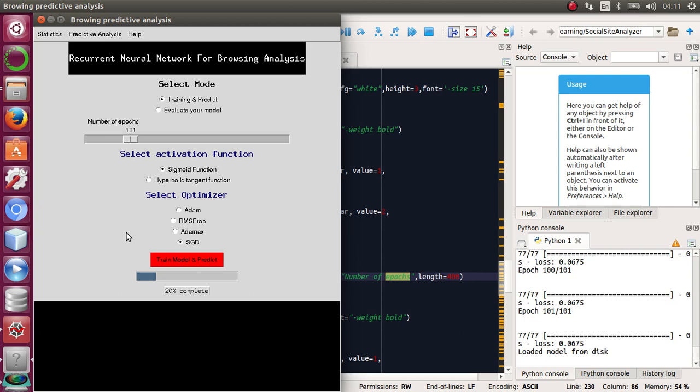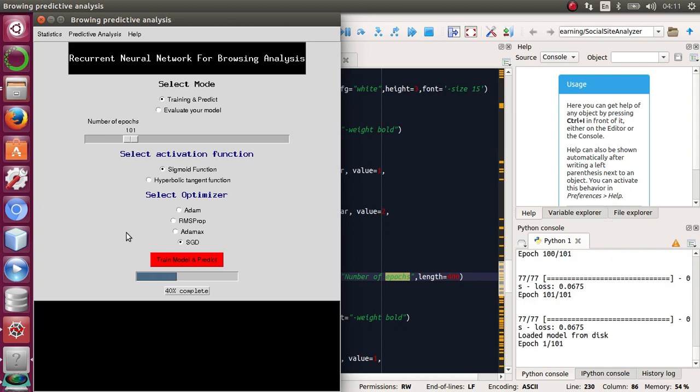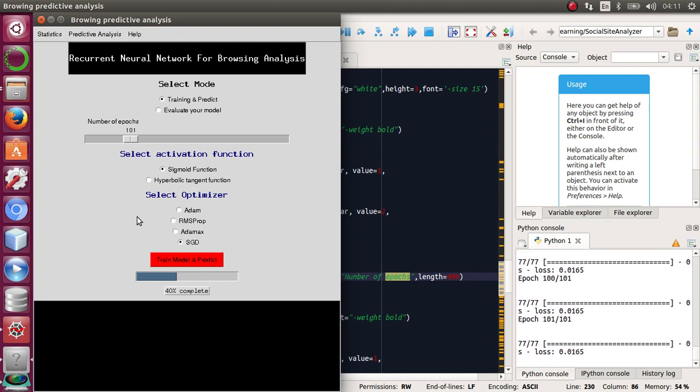So why should we try with different combinations? I'm going to tell you shortly why we should try with different combinations and what actually we are looking for.